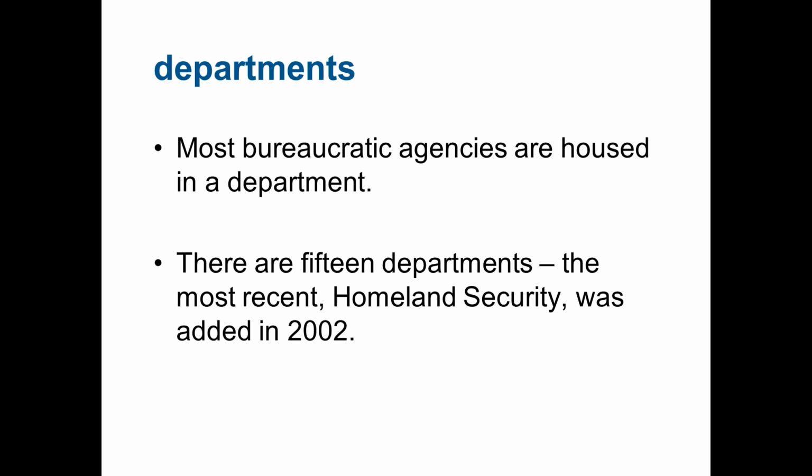To give you a little bit of background, a department is a unit that isn't really established in the Constitution, but the Congress, along with the President, can basically establish how many departments they deem necessary. So the most recent was the Department of Homeland Security, formed in the wake of 9/11 in 2002.